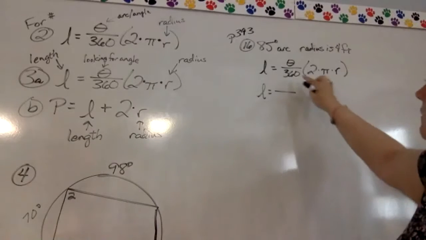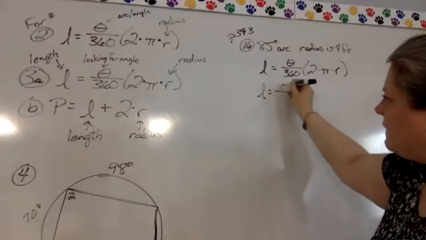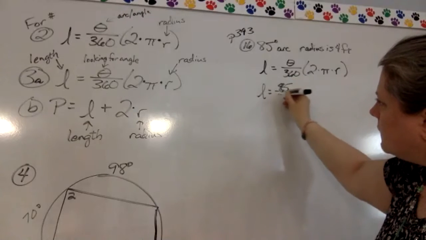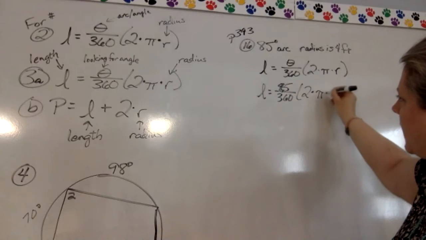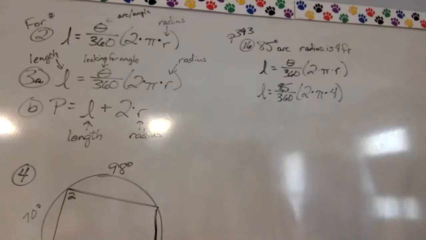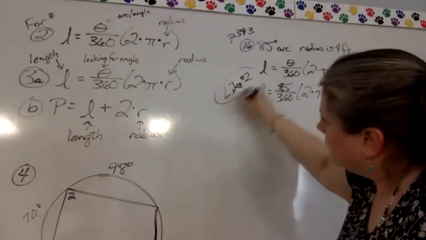So my arc measure goes over 360, so I have 85 over 360, and then 2 times pi times the radius, which it told me in the problem was 4 feet. This is similar to what you would do for number 2.